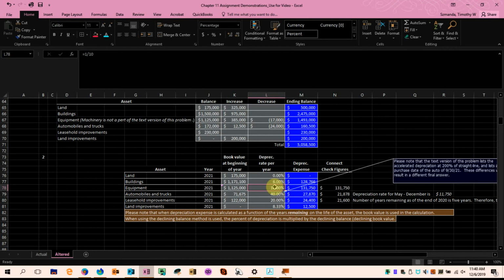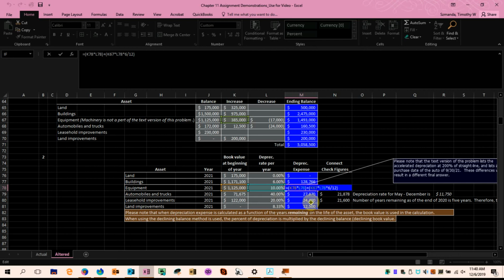That purchase of additional equipment occurred on July 1st. So when we look at the calculation, we really have two parts to the equipment. 10% of 1.125 million for the entire year. And then since we purchased the new equipment of $325,000 at July 1st, we only have the 6 months of depreciation on that asset.